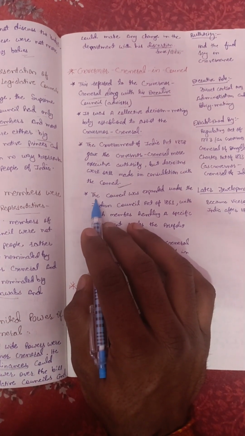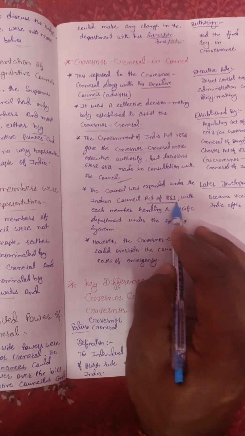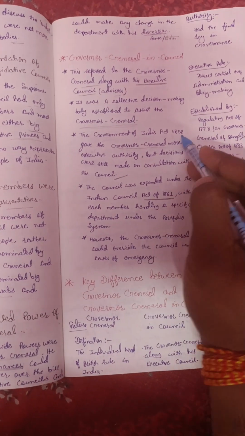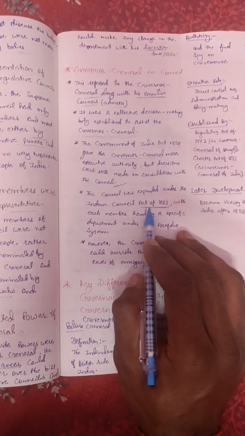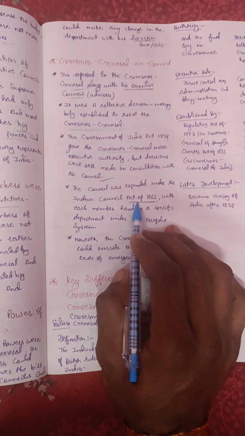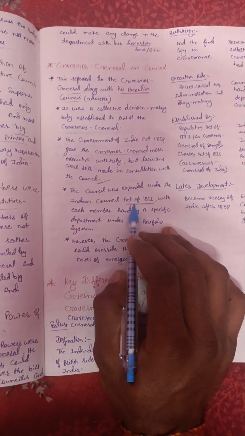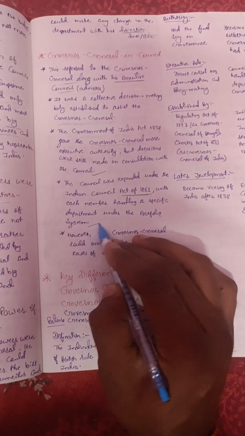The fourth point is that the council was expanded under the Indian Councils Act of 1861. In 1851, the Governor General was given less authority, but later it was expanded in 1861. As we have seen, more members were added to the councils, with each member handling a specific department under the portfolio system.